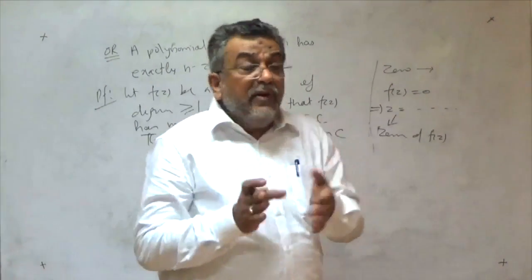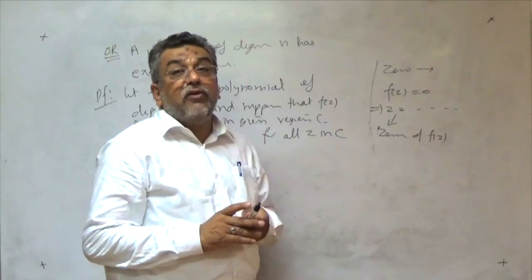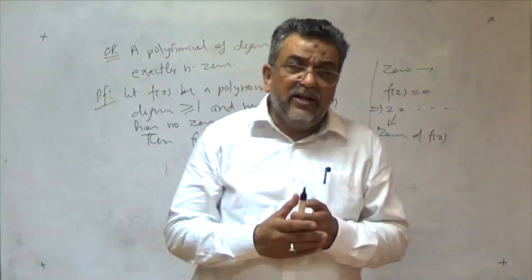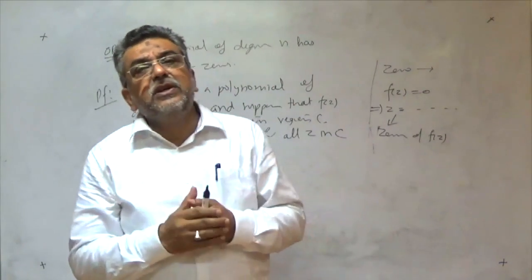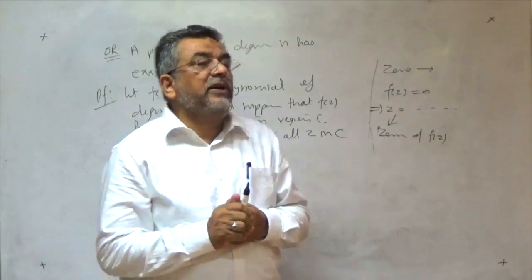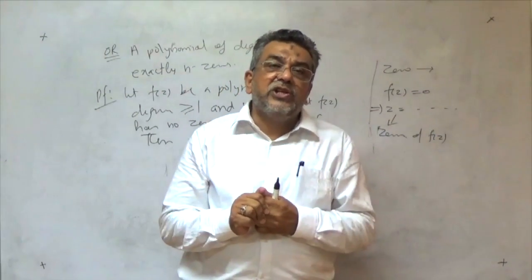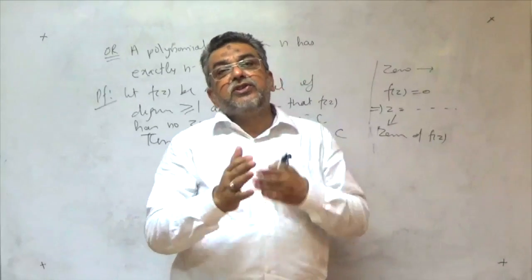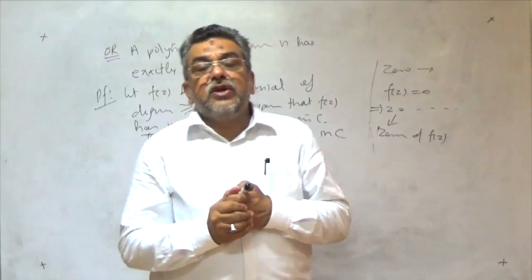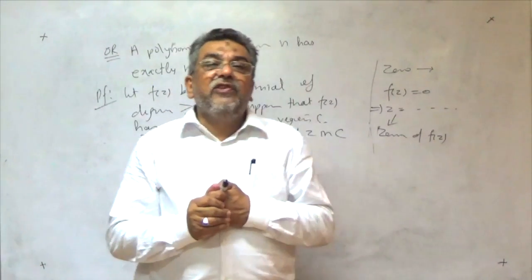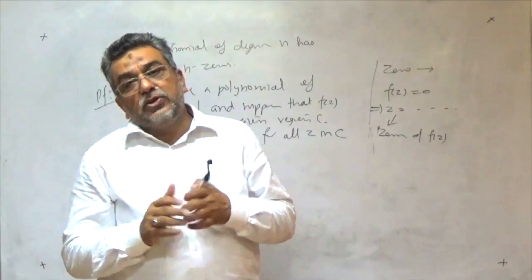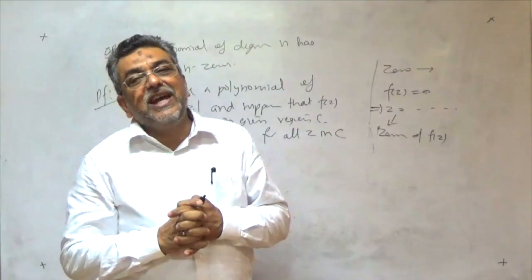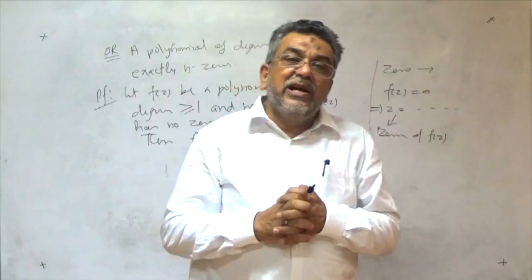Now I will prove this by the method of contradiction. You know that in mathematical logic there is a method of contradiction in which we assume something and solve step by step. After some steps, we get a contradiction, so we say that our assumption is wrong and the opposite is correct.